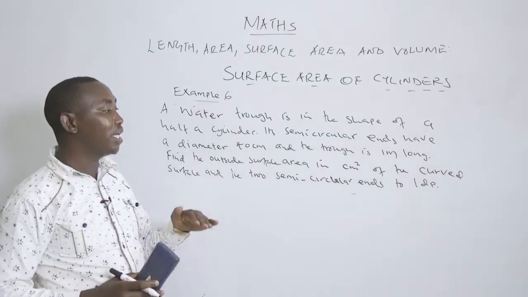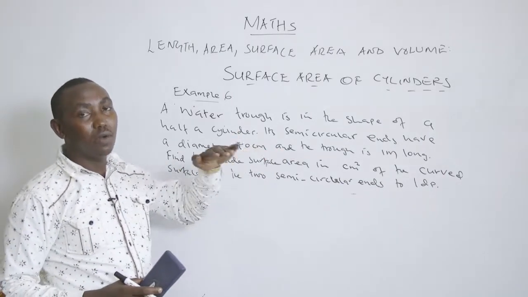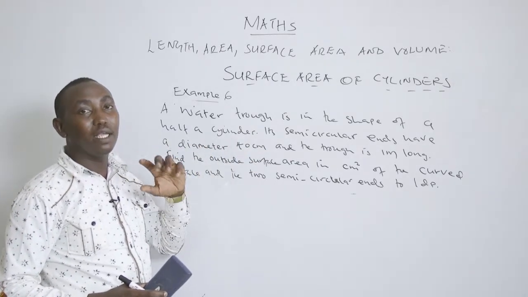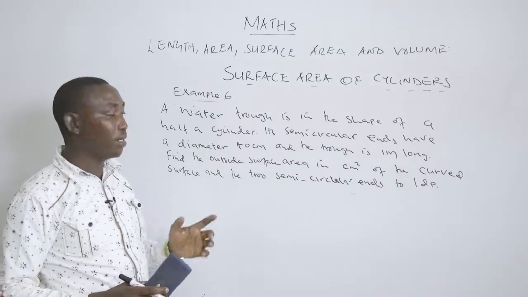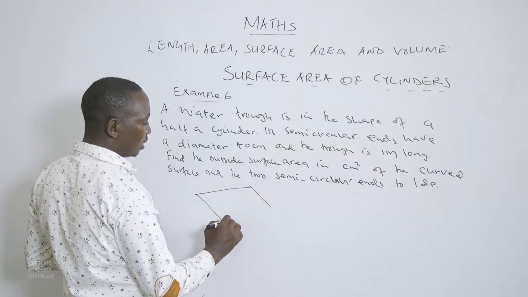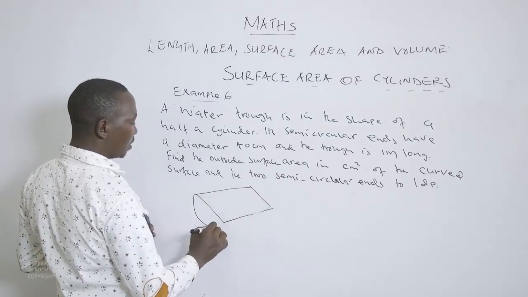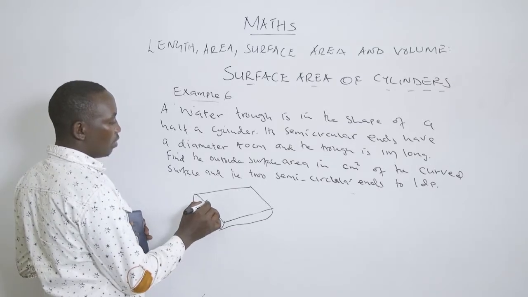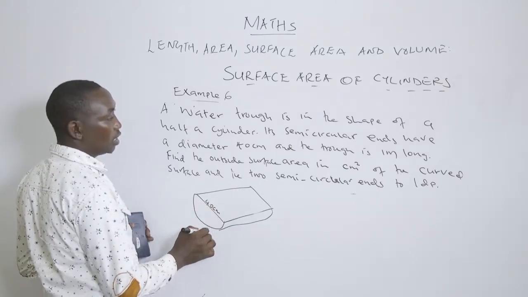So in this particular case, that means that the top part, which is a rectangular part, is not there, or it's open. The ends are semicircular in nature, and we have been told that the diameter is 40 centimeters.